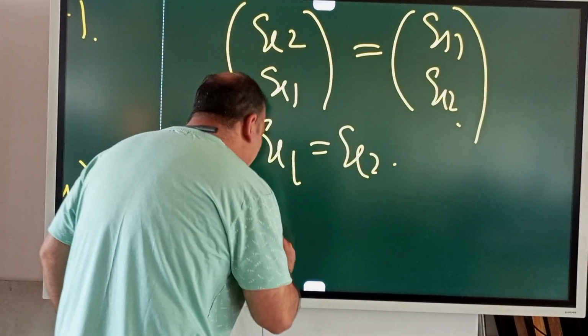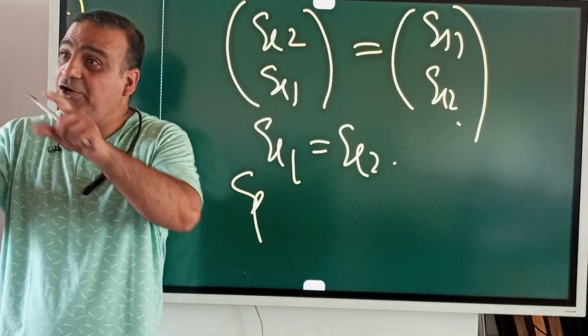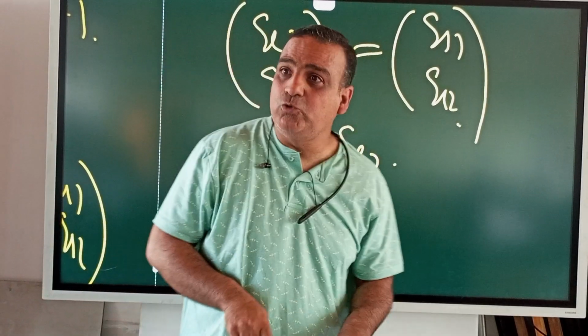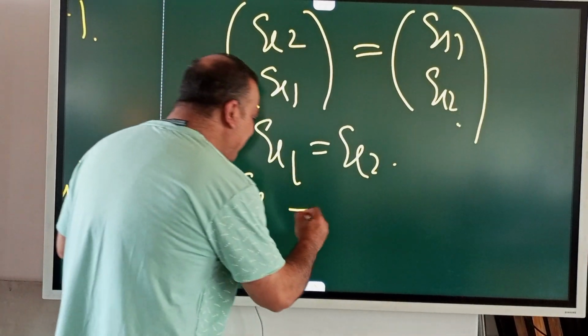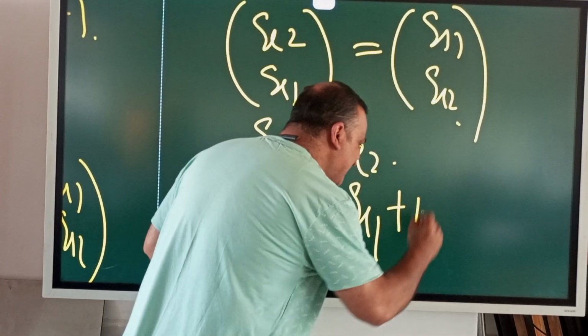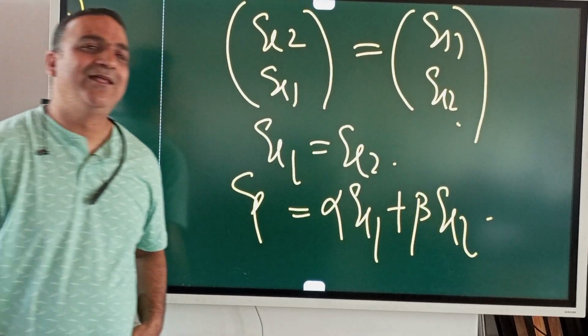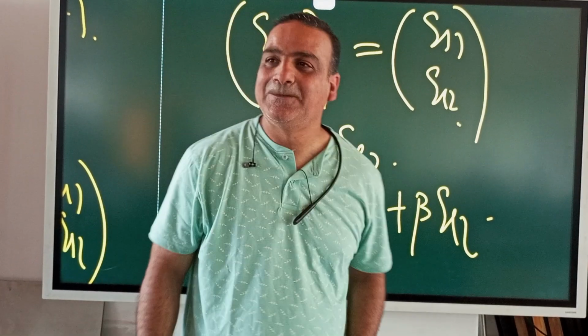Then what is my zeta that I started with? That is the superposition of zeta 1 and zeta 2. So can I write this zeta as alpha zeta 1 plus beta zeta 2? Are you getting this?